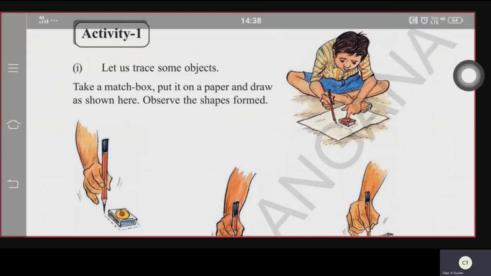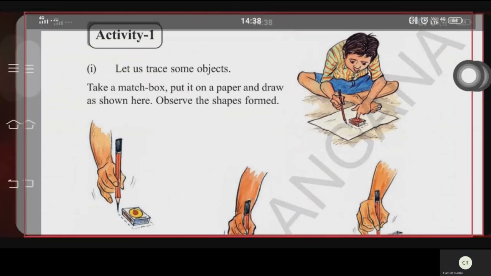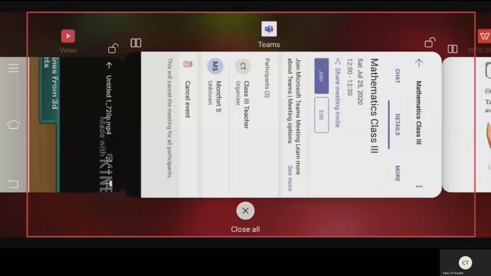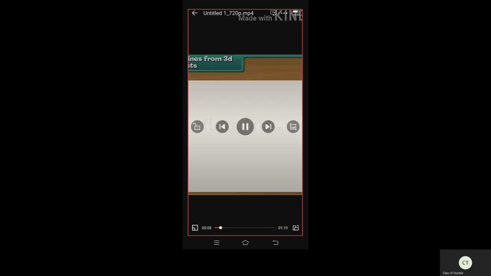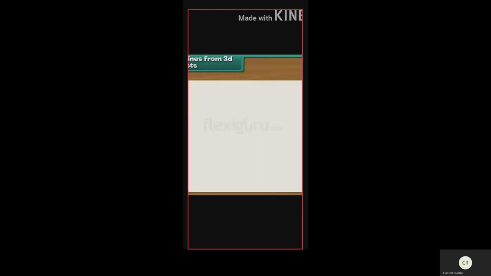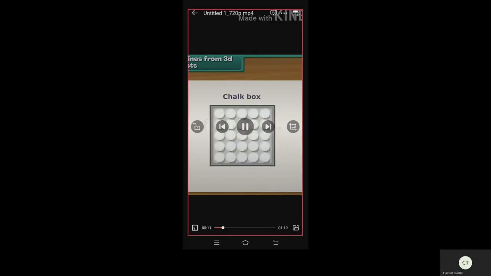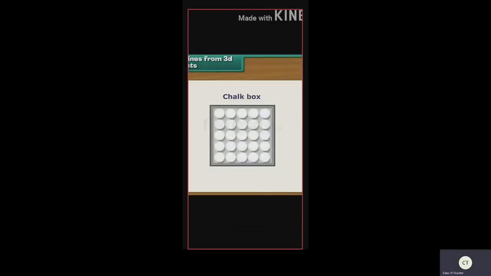Watch this video carefully, children. Here, you can see one chalk box. Place one chalk box and draw along its outer edges. Remove the chalk box. You can see a square on the sheet.